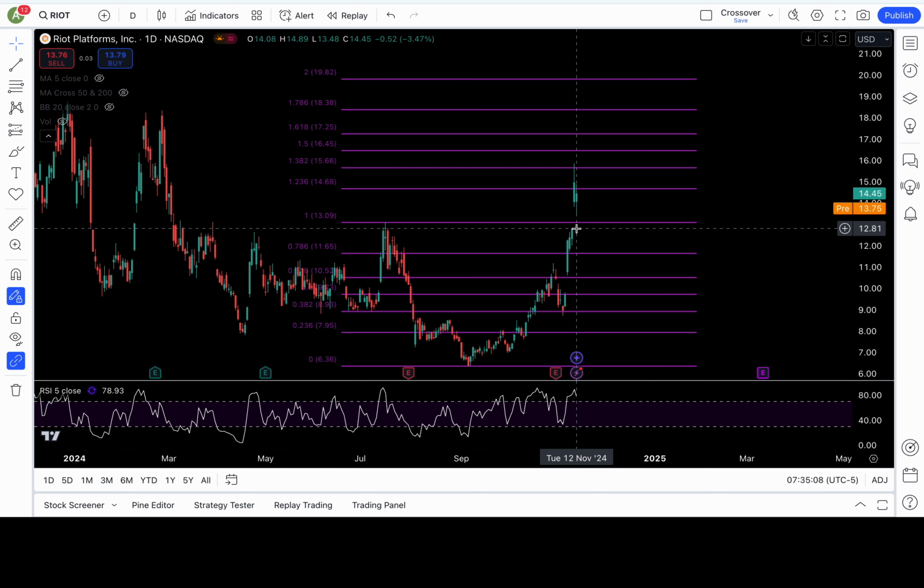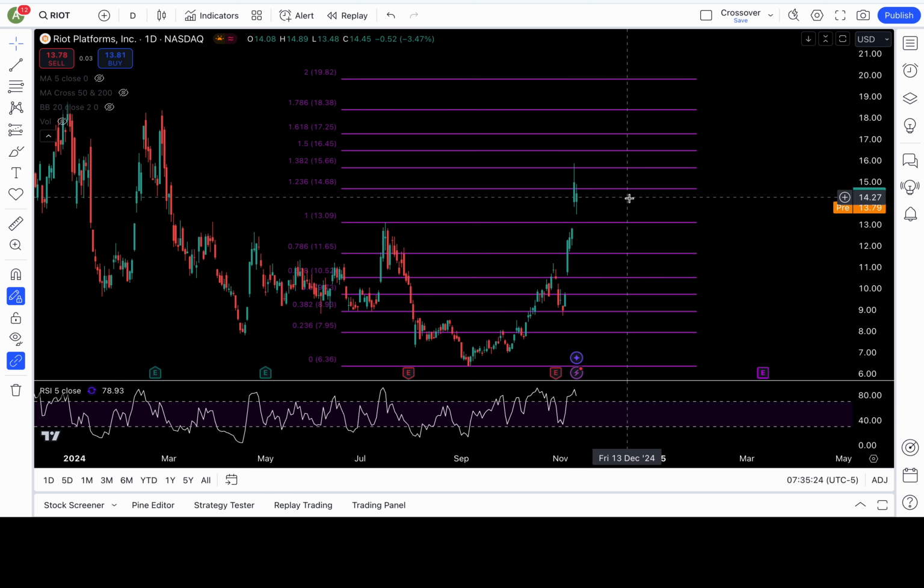Support at 13.4 and then 13. If 13.4 and 13 fail, we can get a drop all the way down to the 12 to 11.6 zone, maybe all the way back down to 10.5. We do have a gap at 9.7. But those aren't possible unless we break down support at 13.4 and 13. Otherwise, if we clear 14.6, we are heading up higher.